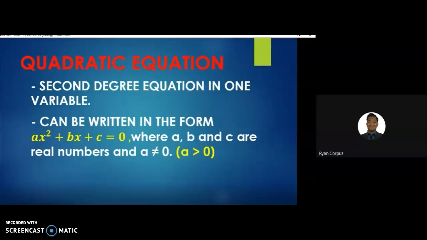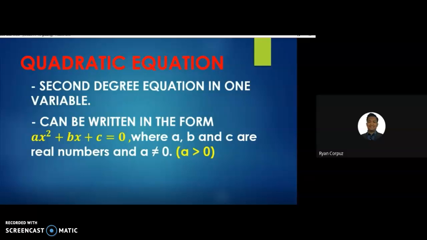The reason why a should not be equal to 0 is because if a is 0, that equation will no longer be called a quadratic equation. That is the basis for us to come up with a quadratic equation. The value of a in the equation ax squared plus bx plus c is equal to 0 must not be equal to 0.